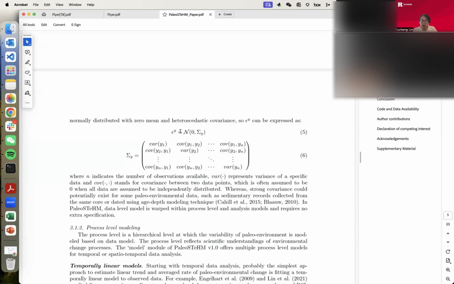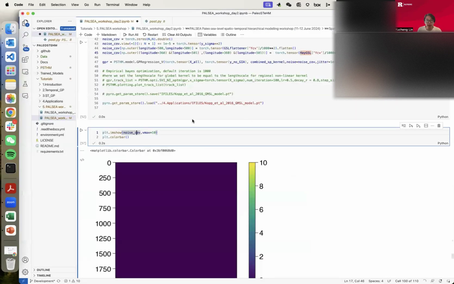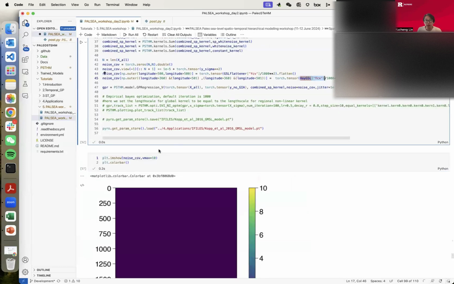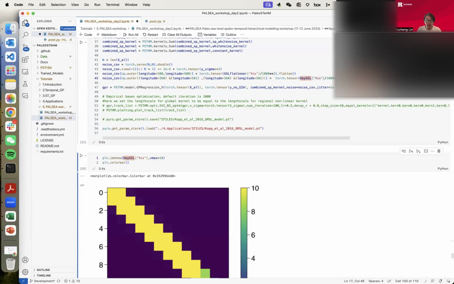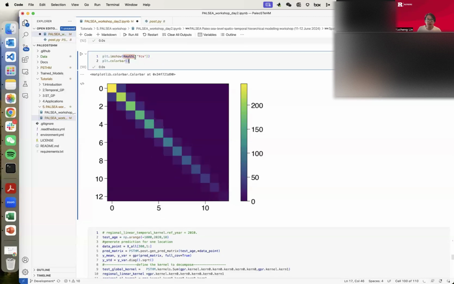If you think the data points are independent, the covariance between them is 0. But if you think there's a high covariance between some data points, the covariance is high relative to the variance value. Here we include the Hay et al. 2016 global mean sea level reconstruction, and you can see that its variance is very low compared to other signals.